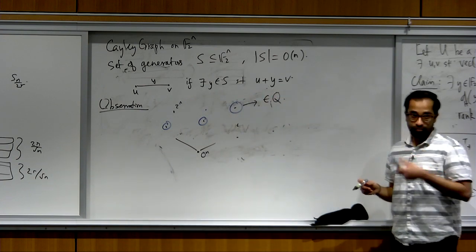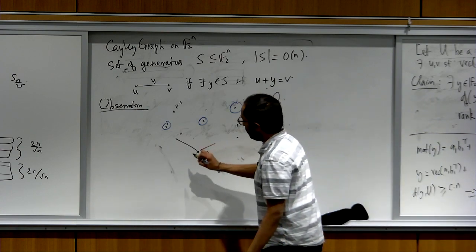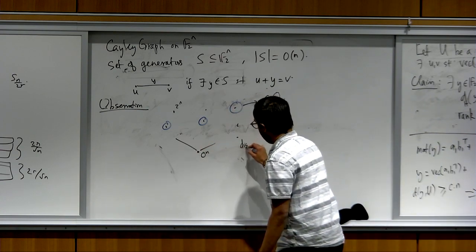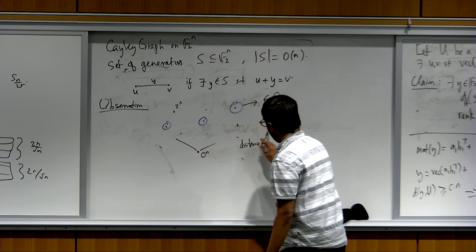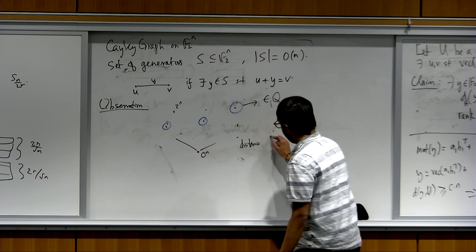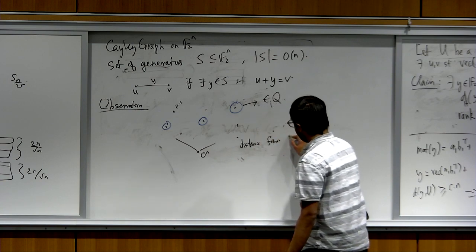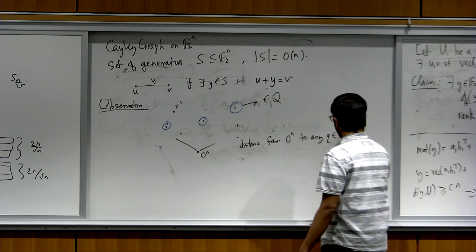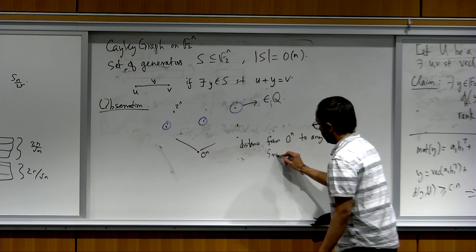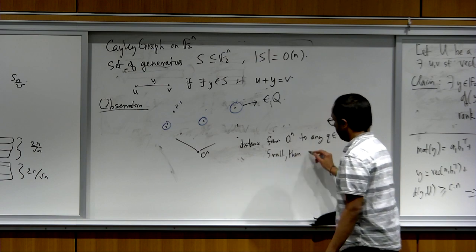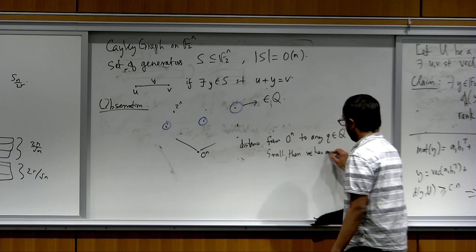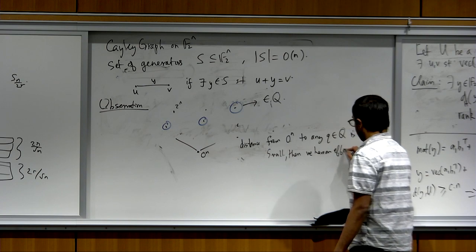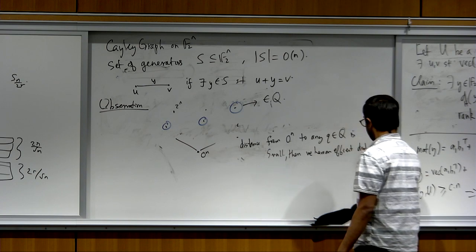If you know that the distance from the origin to any q in capital Q is small, then we have an efficient data structure.